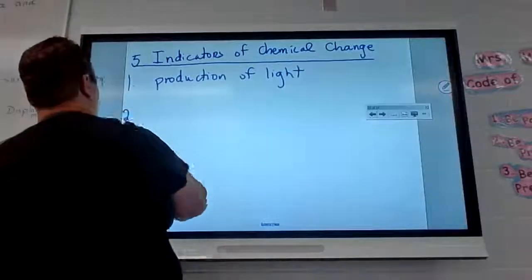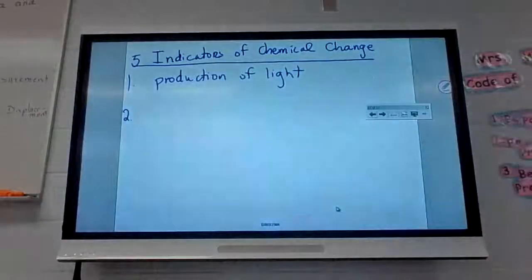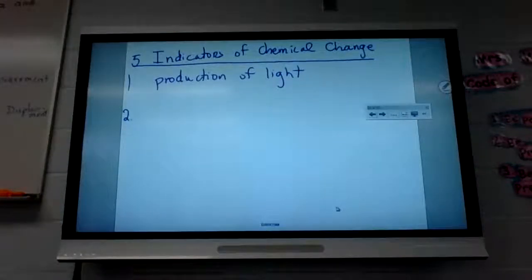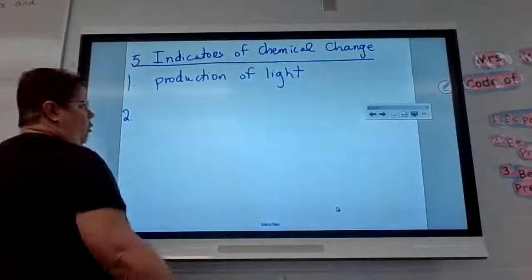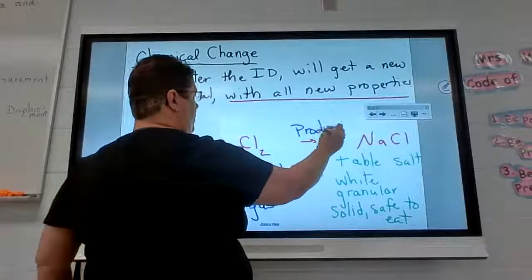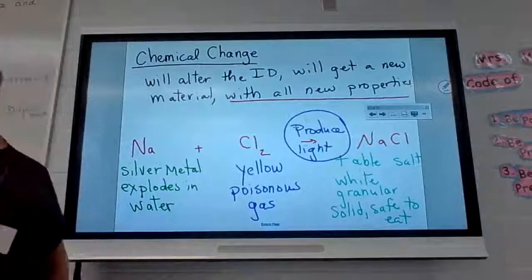In the equation that I just gave you, when sodium metal reacts with chlorine gas, it produces light. That's how you know that one is a chemical change. Makes bright white light. So if you want to, you could write produce light there. Because that's how you know that one's going to be a chemical change.